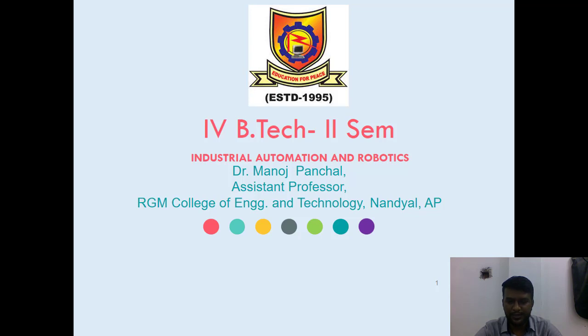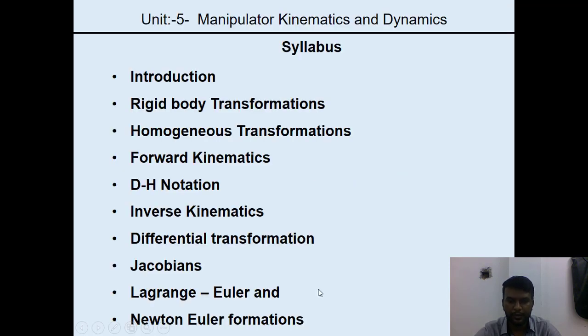Other things we have seen are the joint control system, the robot control system, the precision of the movement of the robot, and how we define the precision of the movement of the robot. We have seen the sensors used in robots in brief, and we have seen some of the applications of the robots.